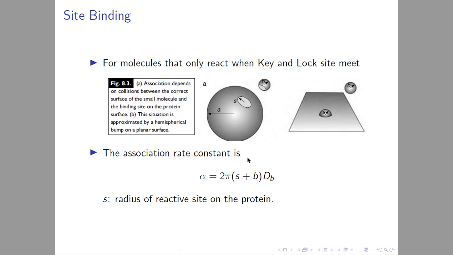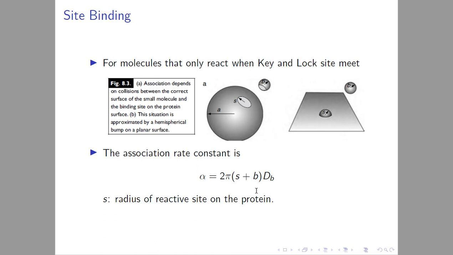Okay, so the association rate constant is alpha equal to 2 pi (s plus b) D_B, where s is the radius of the reactive site of the protein. So we have this equation.